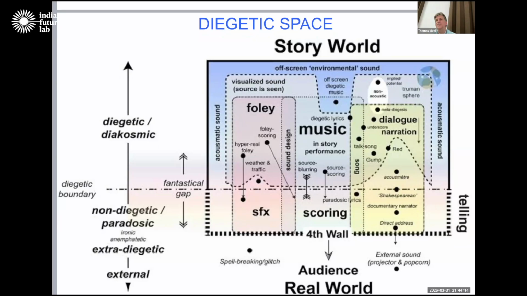A diegetic space is a sealed off story world that is composed of interactions that duplicate and simulate our phenomenological understanding of the body moving through the flesh of the world, but it's almost like in miniature form.